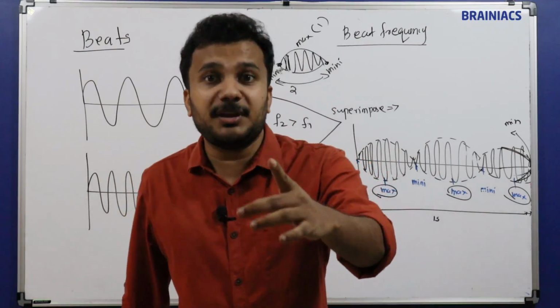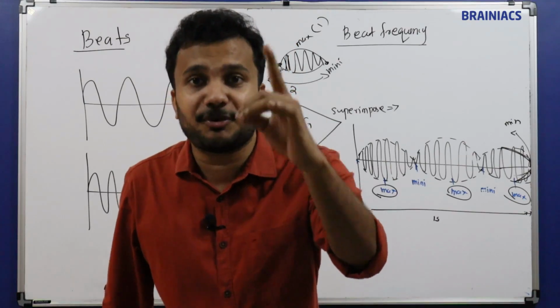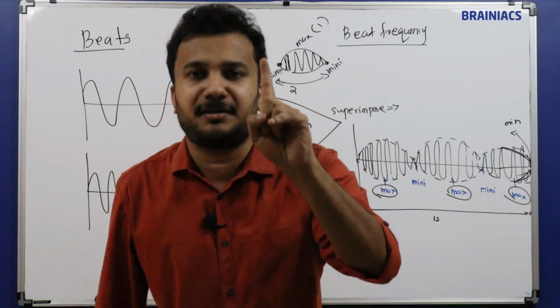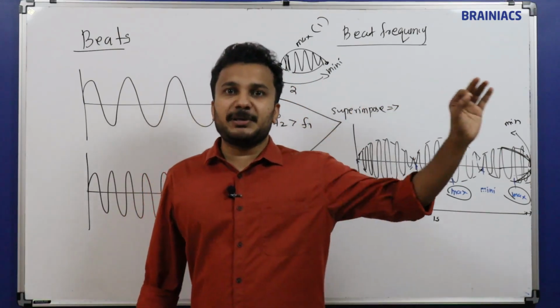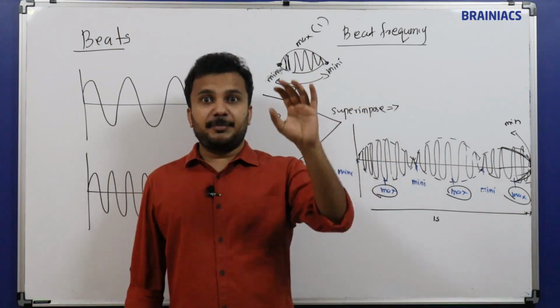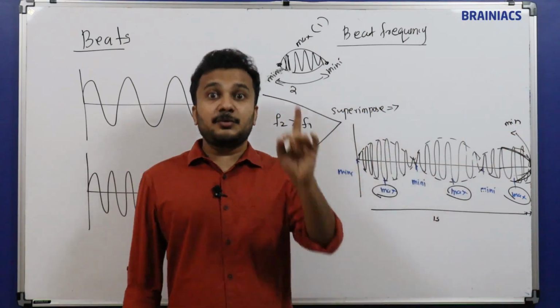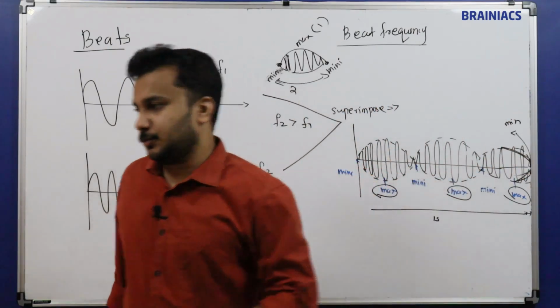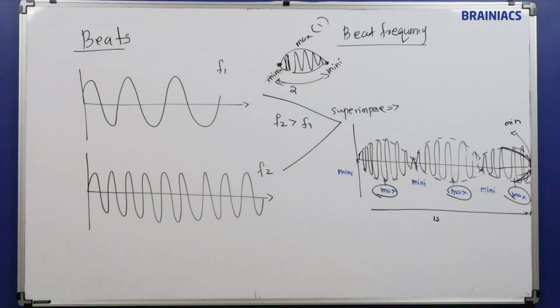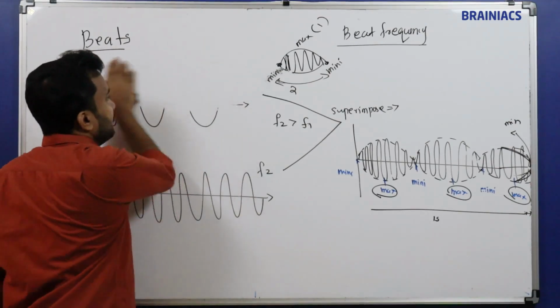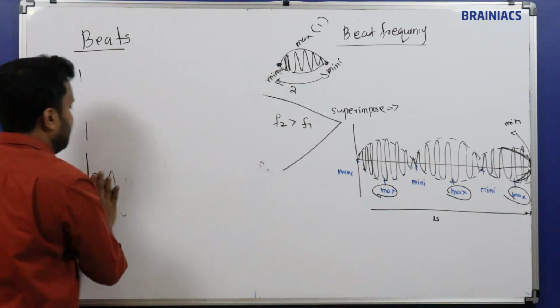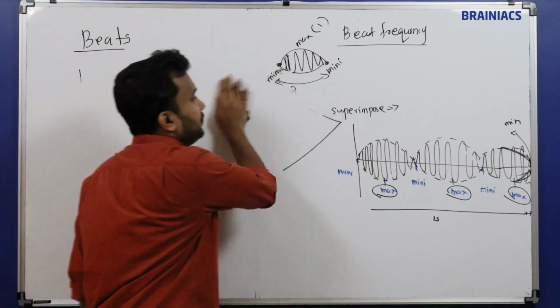Because we know the number of minima is always greater than the number of maxima by 1. So the number of maxima in 1 second is beat frequency, and the number of minima minus 1 in 1 second is called beat frequency. Any one definition will do; we don't want to learn 2 things. So let me write the definition of beat frequency.